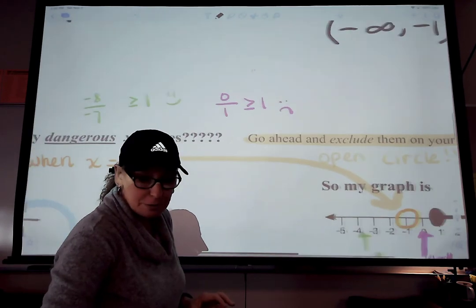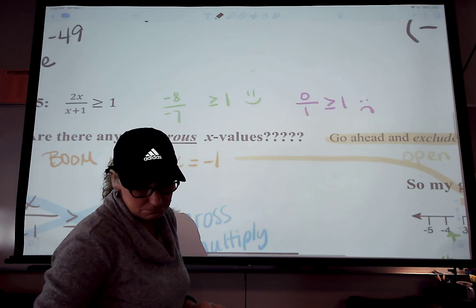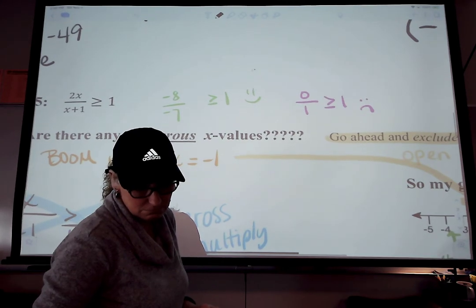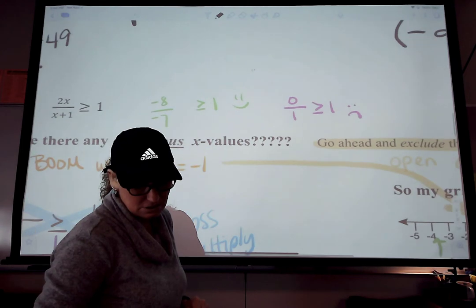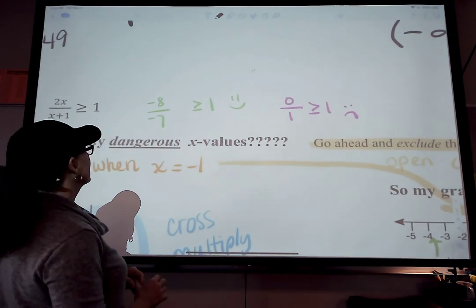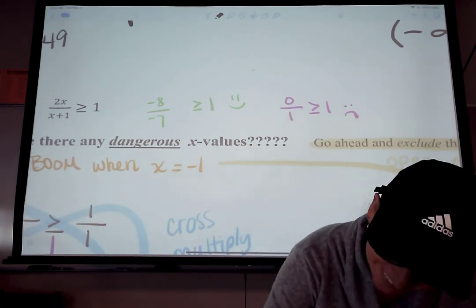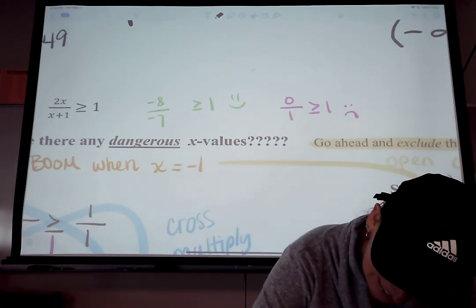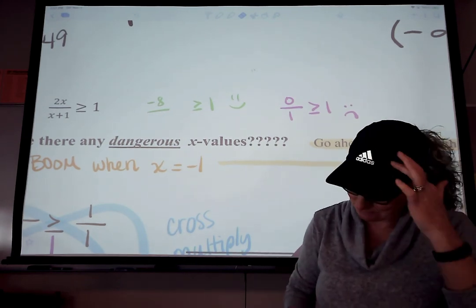And then I picked a number from the blue region, and apparently I picked, I don't know what I picked. Negative 4? Let me pick it again.